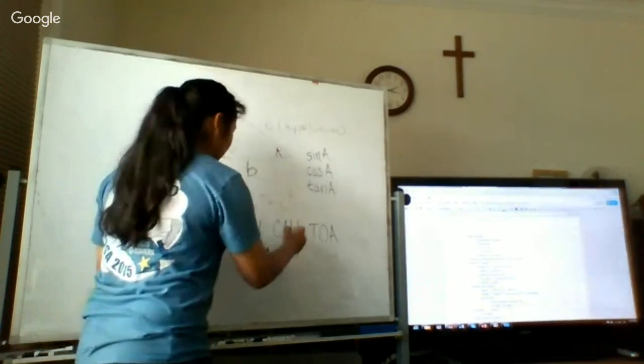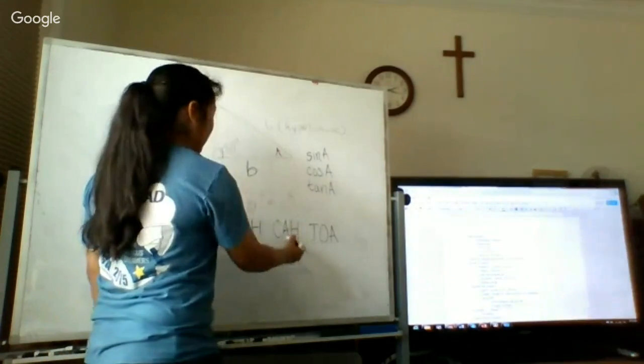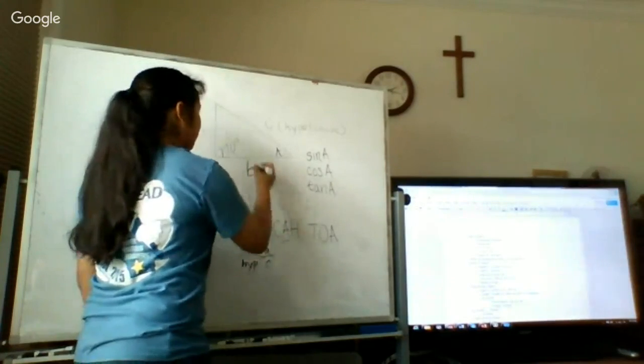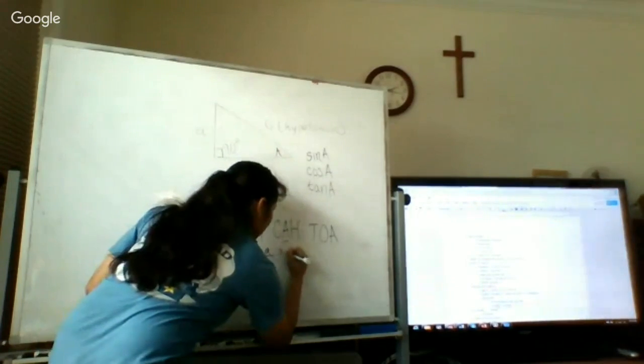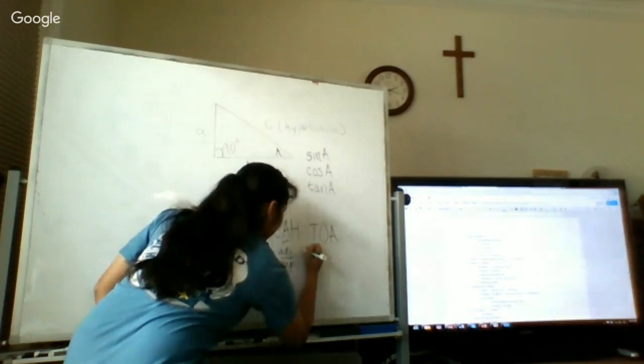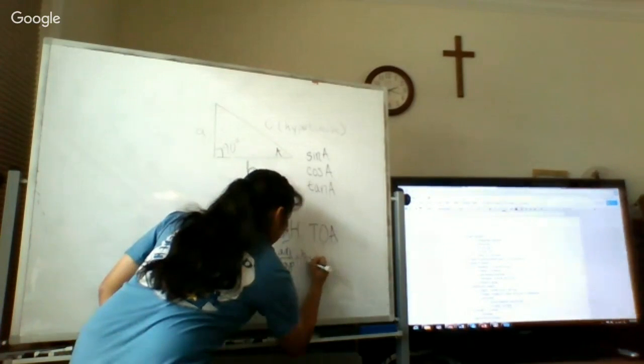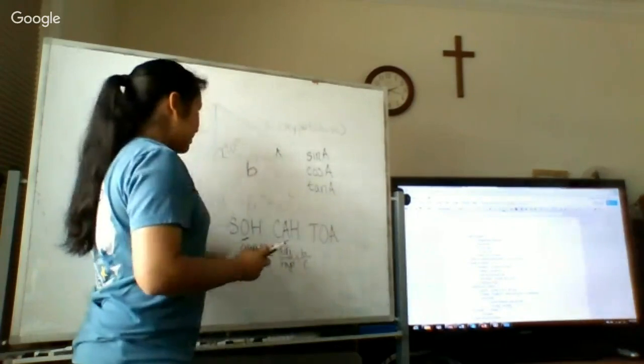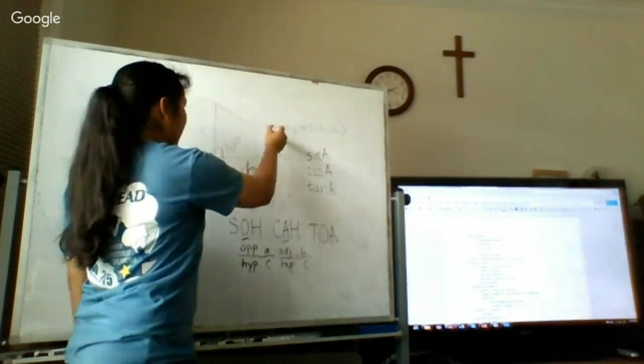And then for cosine, we have adjacent over hypotenuse, which would give us B over C. Tangent is the only one which doesn't involve the hypotenuse.